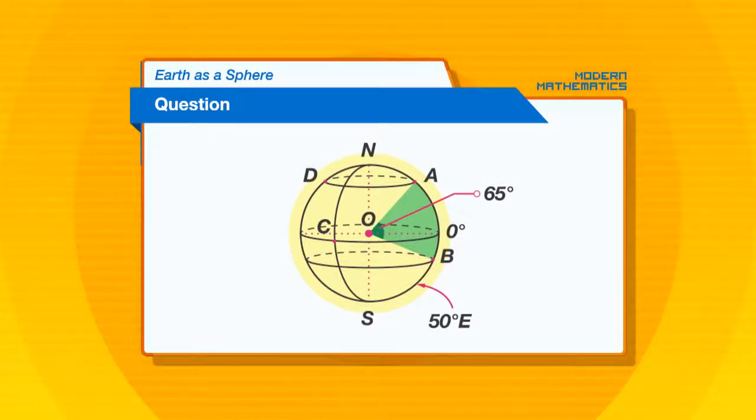As for point B, in terms of latitude, it is at an angle of depression from the equator at 40 degrees. Therefore, the latitude for point B is 40 degrees south, and it is sitting on the longitude of 50 degrees east. The position of B is then 40 degrees south and 50 degrees east.